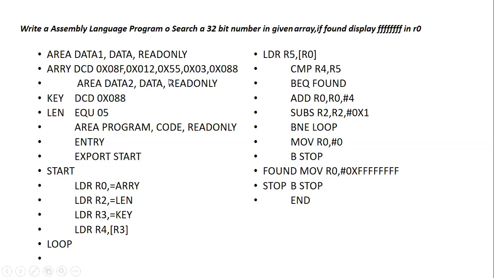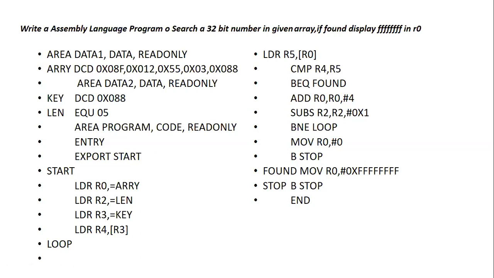Since they are not equal, again R0 is incremented, and then 03 is compared with 33. Since it is not equal, again R0 is incremented. That is, it is pointing to the last location. In the last location, the value present is 88, which will be moved to R5 with the help of the LDR instruction. Now R5 value and R4 value are equal. Means our search is found.